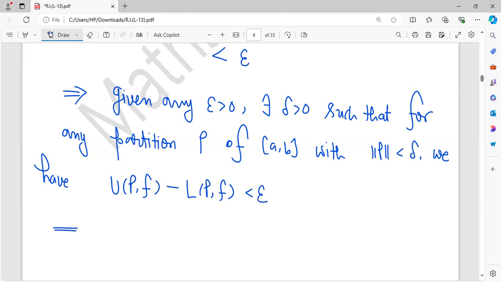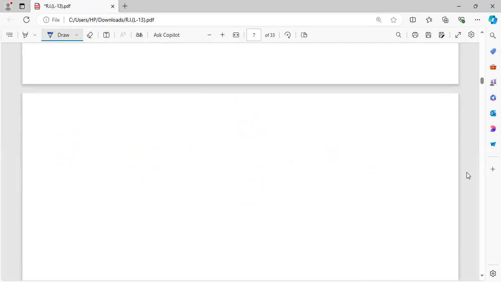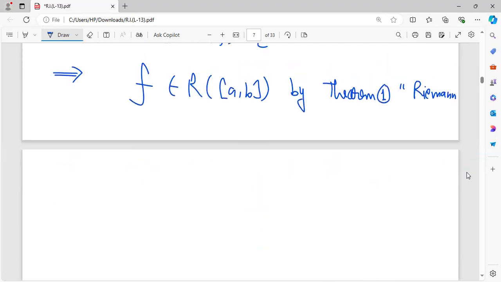So what does it mean? It means f is Riemann integrable by theorem 1, Riemann integration, lecture 8.